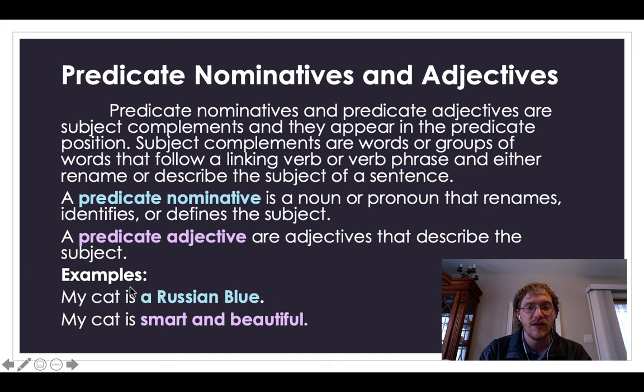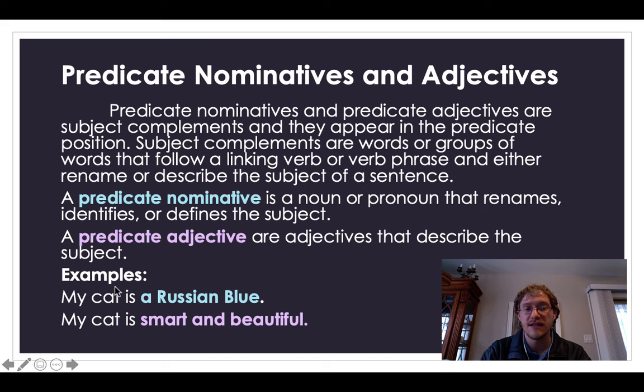And notice how we use the verb is here. My cat is the subject. We have the verb is, and now we have a Russian blue. It works similar to an object, but it is different. It is not the same as an object. An object receives an action.